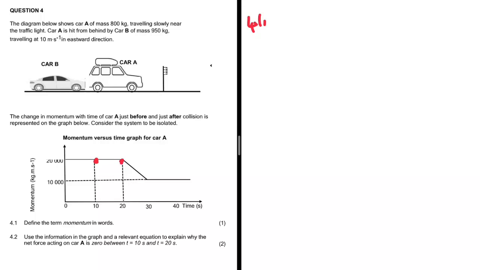Between T10 and T20, we can see that the momentum is constant, right? And we know that F net is not only equal to ma, but F net is also equal to delta p over delta t.